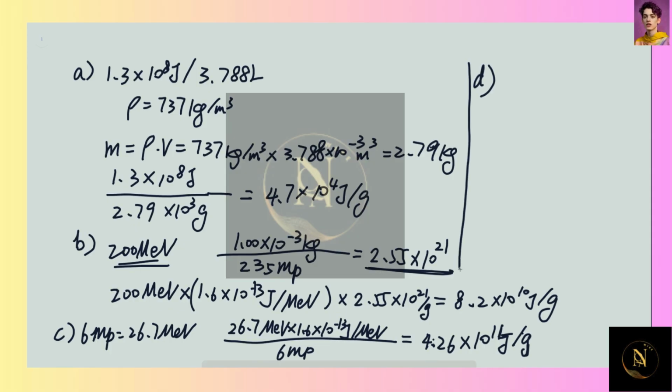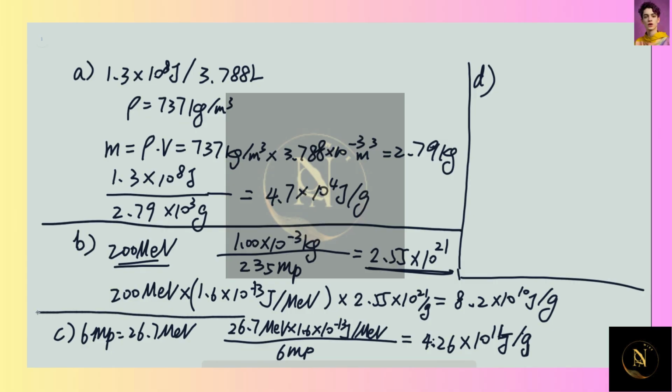Finally, we have part D. I'm going to write it in this order. So part A, B, C and part D. For part D, we are looking at the amount of energy produced by our sun.